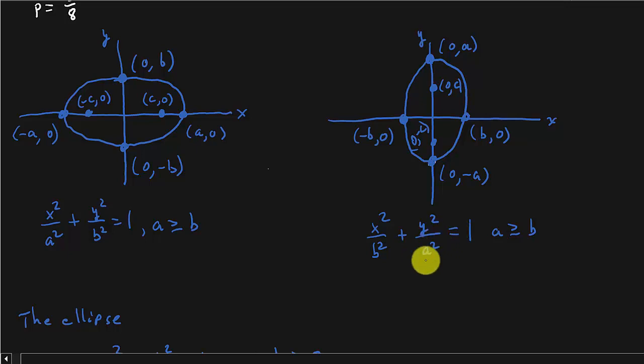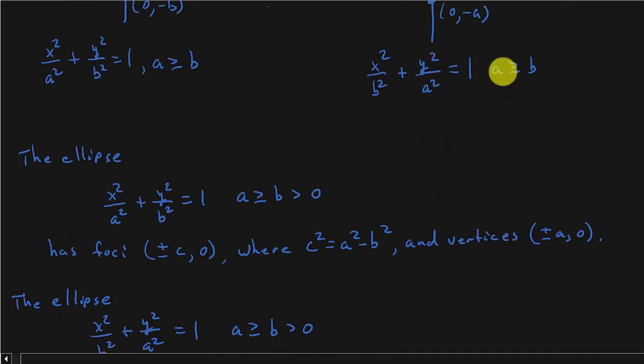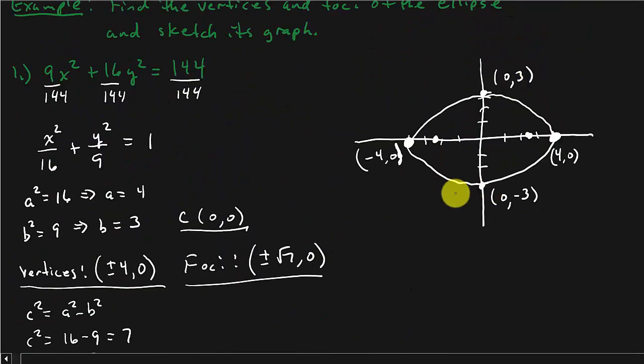If A squared is under y squared, or the larger number is under y squared, the foci are going to lie along the major axis, which in this case is horizontal. Okay, that's how you need to look at it. So, you know, just plot it out, and then that's going to help you get your point coordinates.